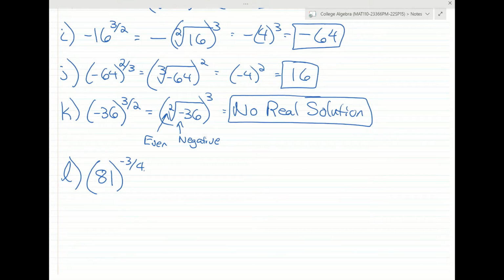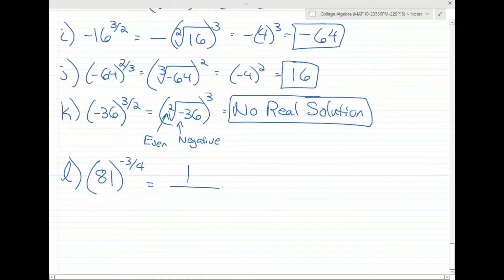So similarly to what we did before, 3/4 is what we had before, but now we have that negative power. Do we remember what that negative does? It goes to the bottom. So this is the same thing as 1 over 81 to the 3/4. The negative goes away when you switch the position.